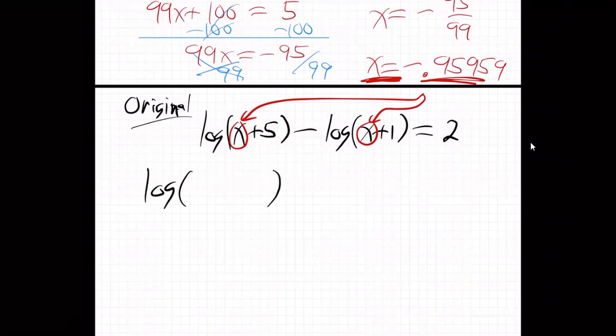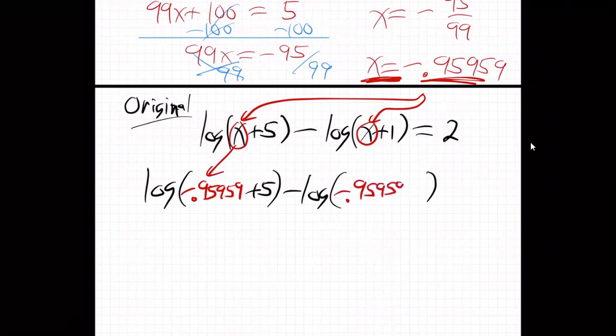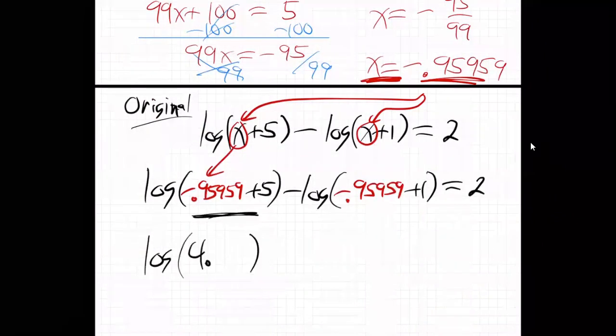Well, it would be just fine. Let me show you. Minus 0.95959 plus 5, minus log, and what would happen here? Again, x is minus 0.95959, plus 1. Well, subtract that on your calculator. It's 4.0 whatever, I don't even care.